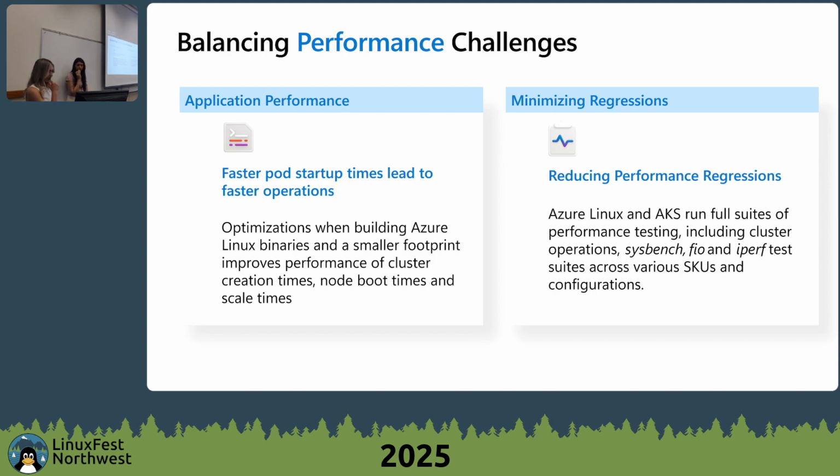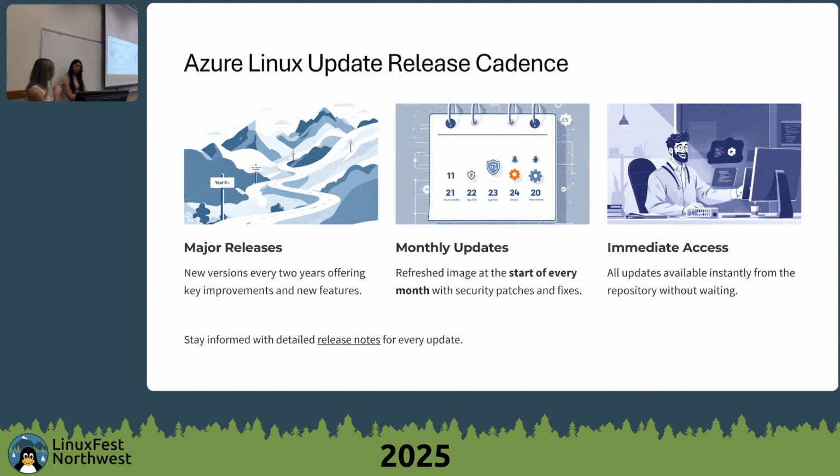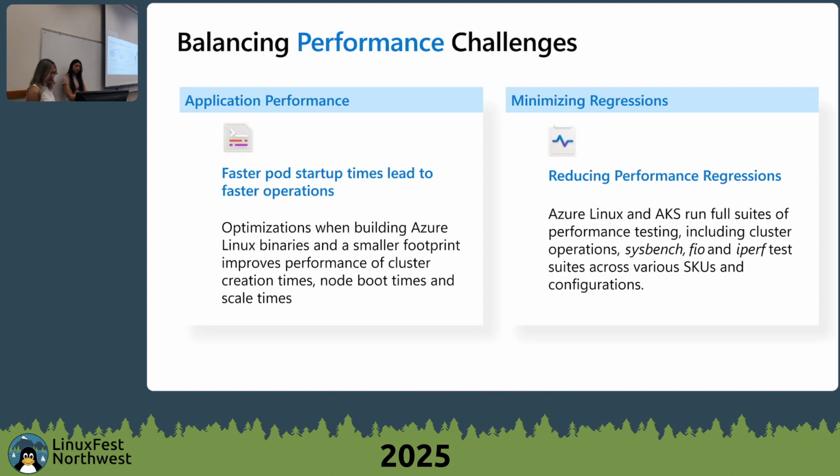We've also learned that it's important to prioritize not only performance improvements, but also performance stability. So now we run a full set of performance benchmarking test suites before any new Azure Linux release. These are things like mem bandwidth, sysbench, FIO, iperf, stuff like that.